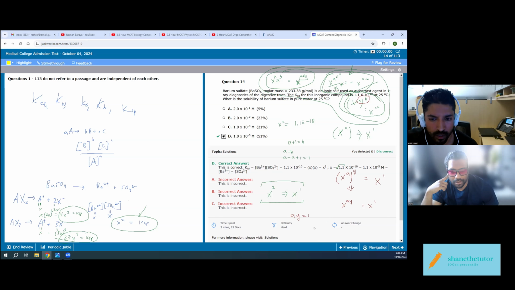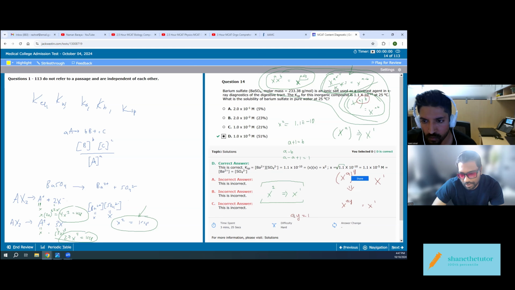But I don't know what a is though either, right? These are two unknown variables, or these are just variables. So since we are trying to find out how to go from x to the a power to x to the 1 power, we can take advantage of this product rule here.